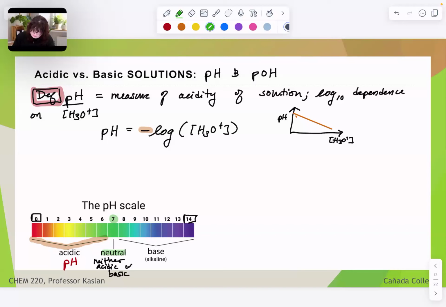So then that means that as we increase our pH above a pH of 7, this is where our pH begins to get basic, alkaline. So here on the left, we have a low pH, meaning we're acidic. And on the right, a high pH, meaning that we are basic.